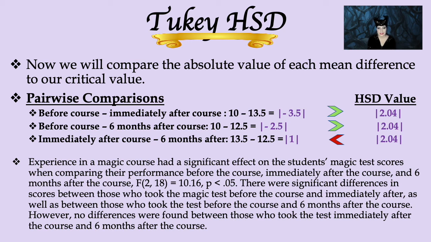There were significant differences in scores between those who took the magic test before the course and immediately after, as well as between those who took the test before the course and 6 months after the course. However, no differences were found between those who took the test immediately after the course and 6 months after the course.